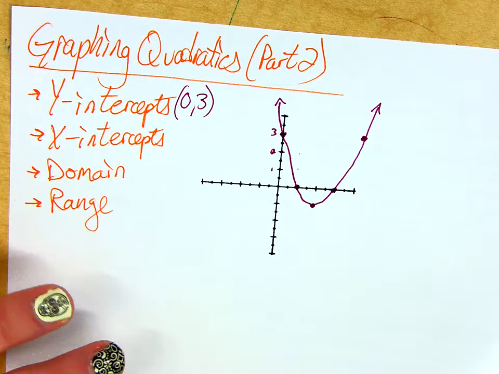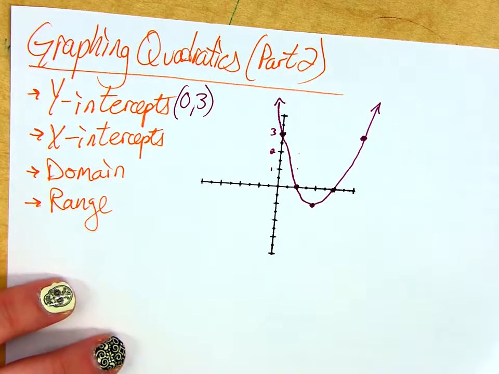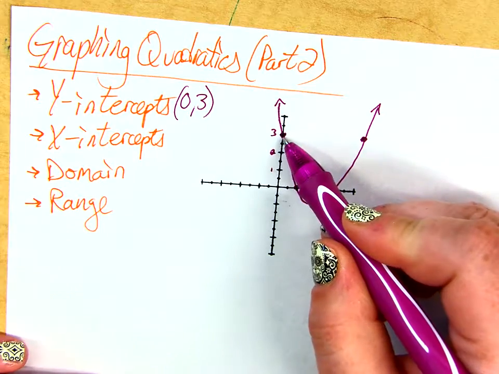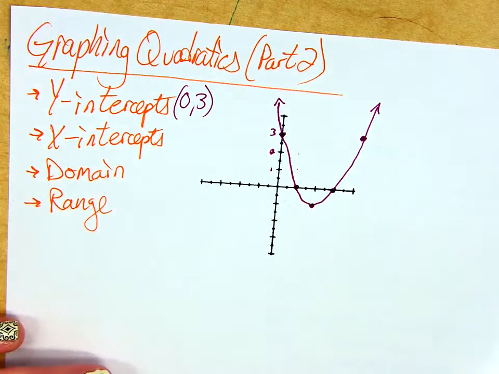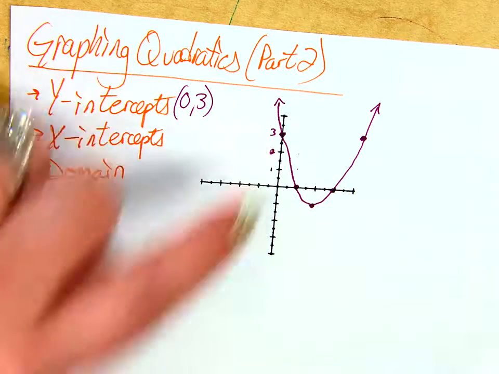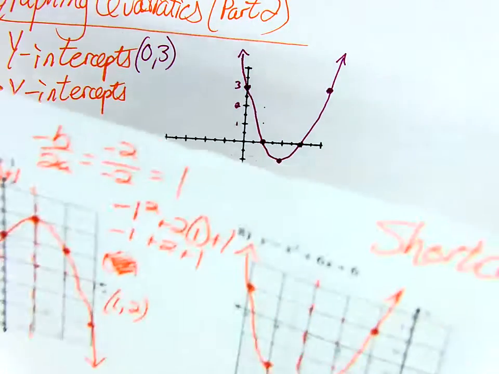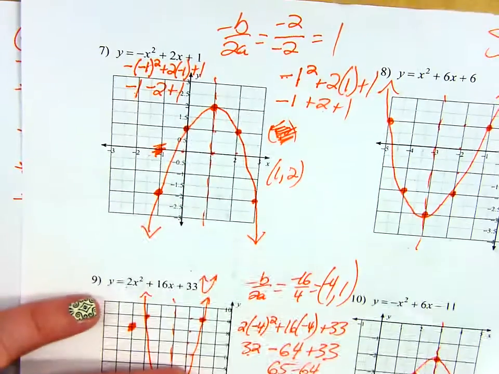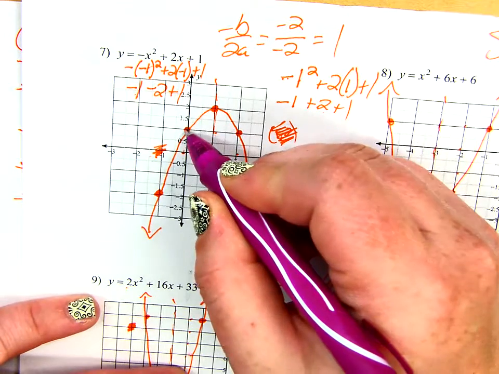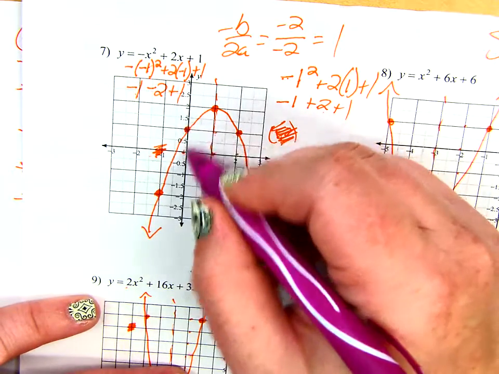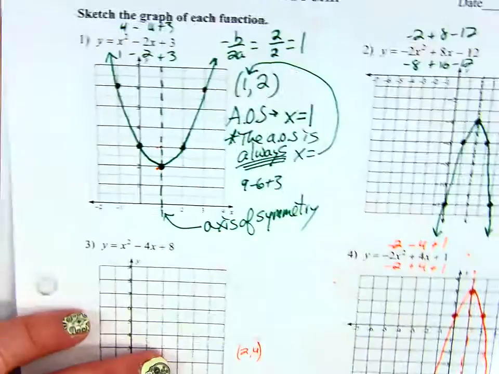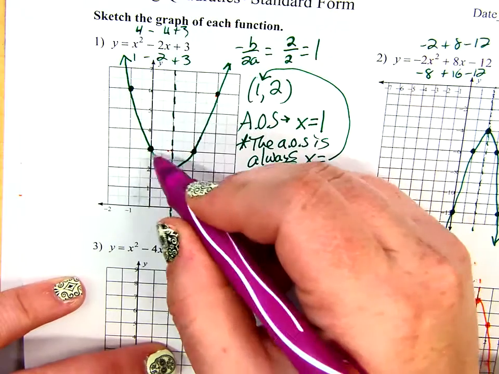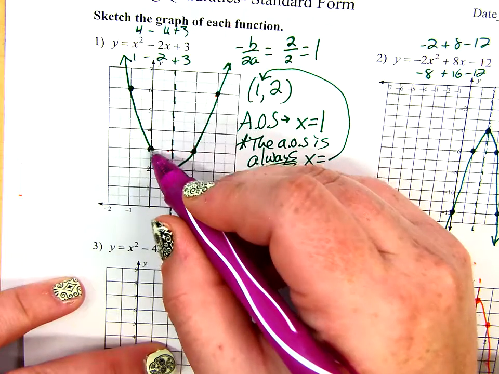Think about it. Wherever your parabola crosses the y-axis, isn't x always going to be 0? X is 0 right there. If I look at another one, like this one right here, it just so happened to be at (0, 1), but x was 0. If I look at this one, x is 0 when it crosses the y-axis.